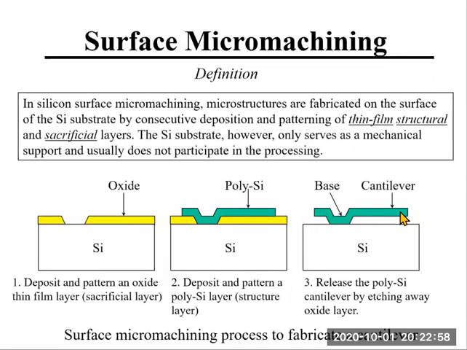And this cantilever beam is freestanding after the bottom oxide layer is removed. Okay, so this is a standard surface micromachining process. We can see that the silicon substrate serves as a mechanical support and it does not participate in the etching process. No etching of the silicon substrate.